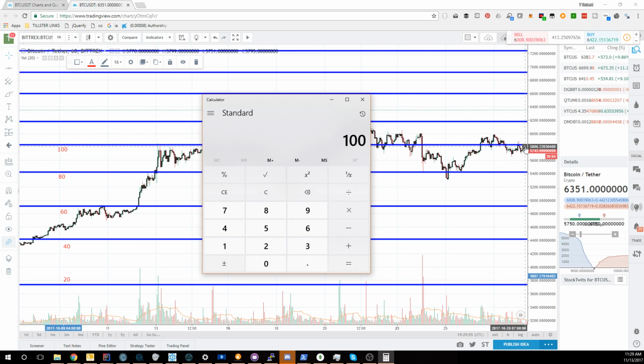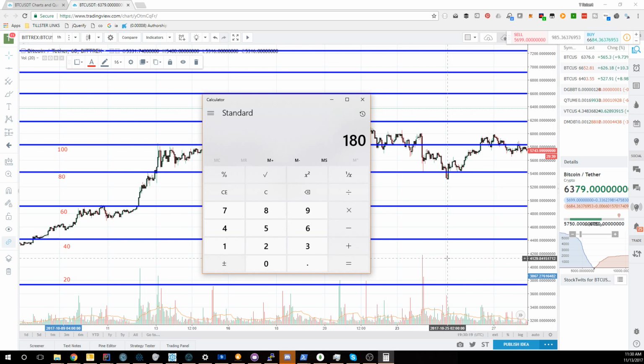So let's say that I bought that Bitcoin for $100. Then the market comes down and now it's at $80. It's at this $80 line right here. With the $80 line, let's say I buy another Bitcoin. At this point, I've spent $100, so I'm going to add $80 to what I've spent.